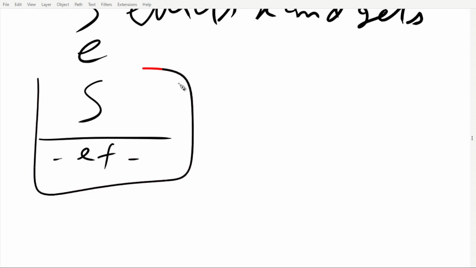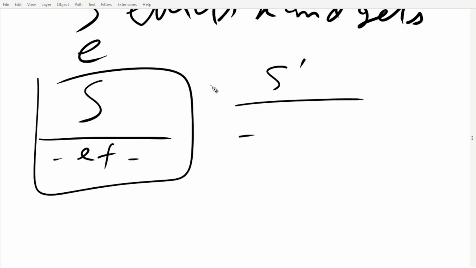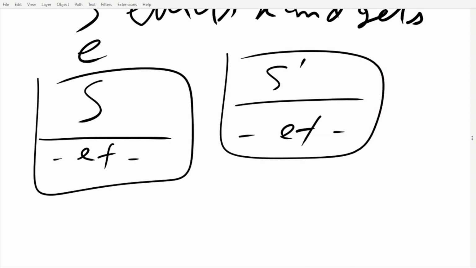This is for S, and for S prime, S prime already has F, and in place of X, E comes, so we get EF. Now the caches are the same.